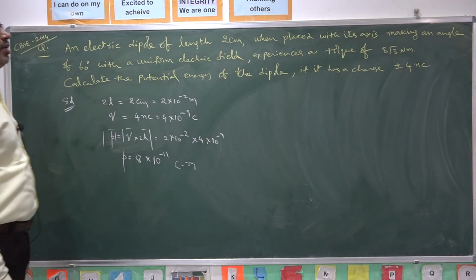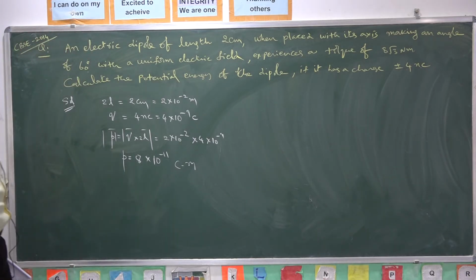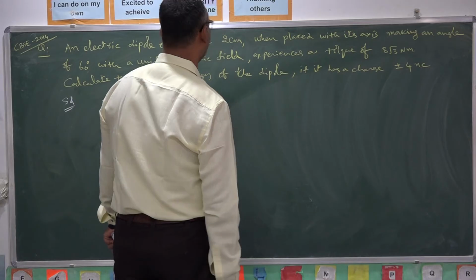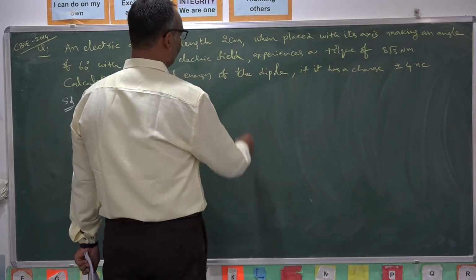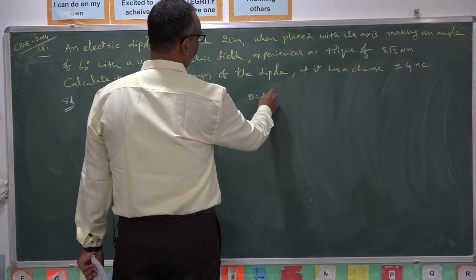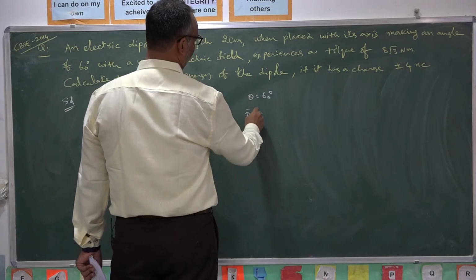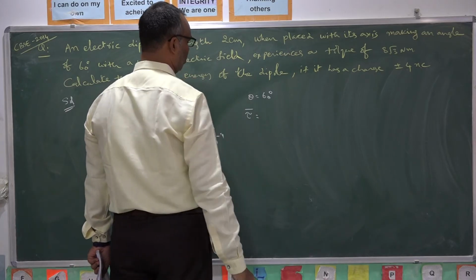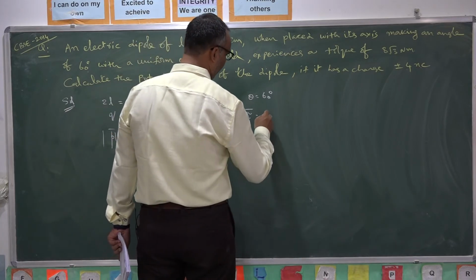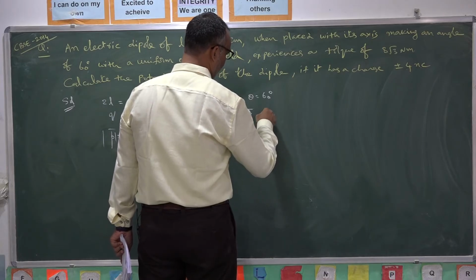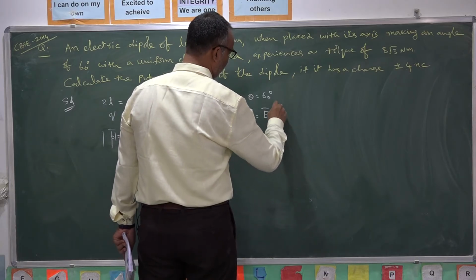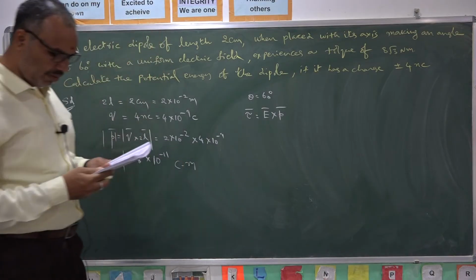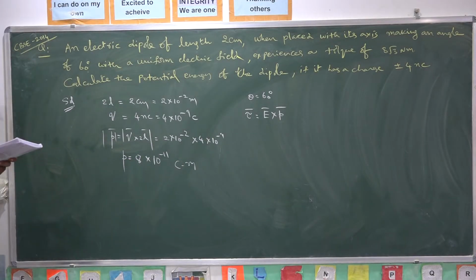This is the dipole moment. They gave it is making an angle 60 degrees with the uniform electric field. Theta they gave 60 degrees. Experiences a torque. Torque is given by E bar cross P bar.